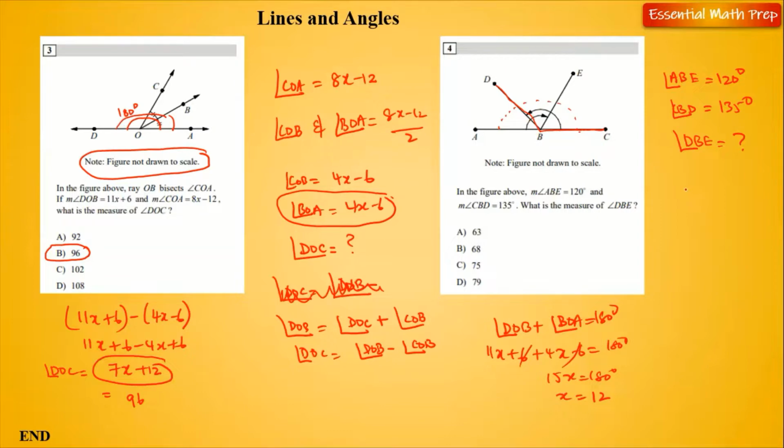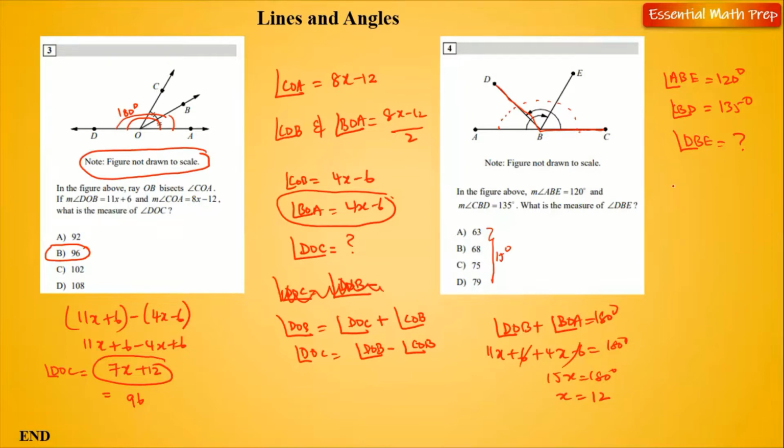Well, what if I just subtract these two? That will be 15 degrees. 15 degrees is not even one of the answers, so clearly that's not the method you want to take. So how better can we write DBE?